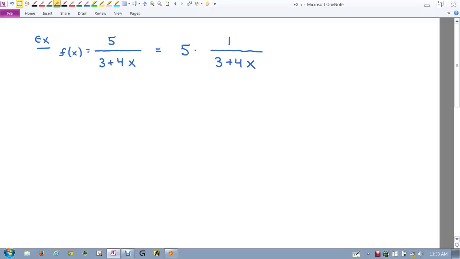And the next thing I'm going to do is try and get that to be a 1 instead of a 3. So what? Factor 3 out of the bottom.